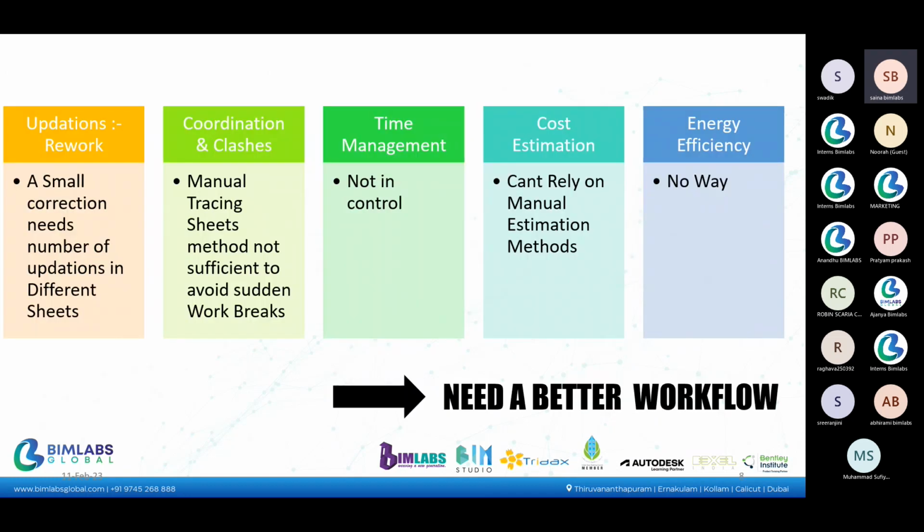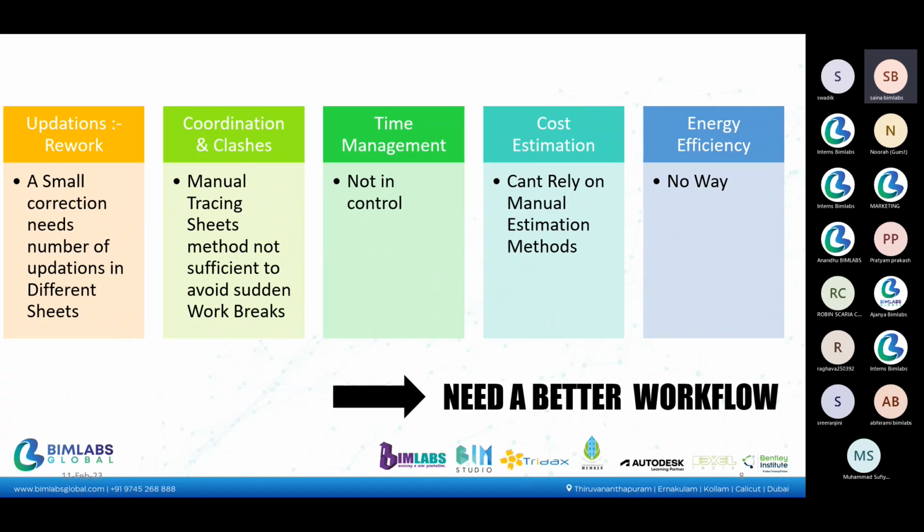And, okay, that is given here. It is a small correction, a number of updations in different sheets. As already said, there are different disciplines in our construction field, and the architectural model will be drawn on a single paper, and another construction drawing may be drawn on another single paper.